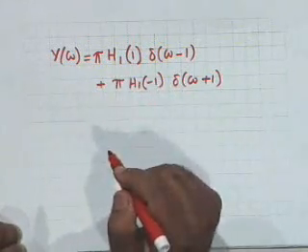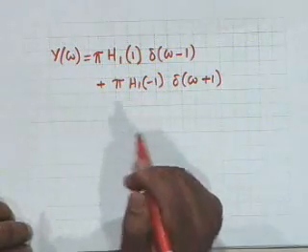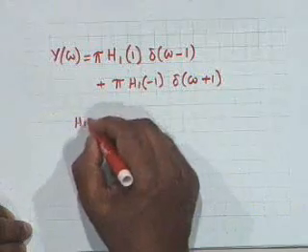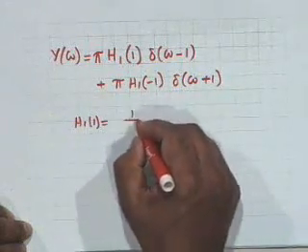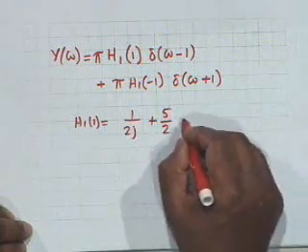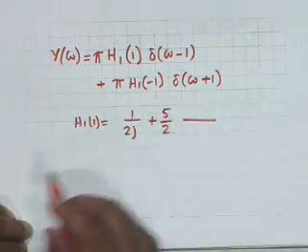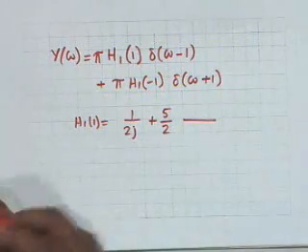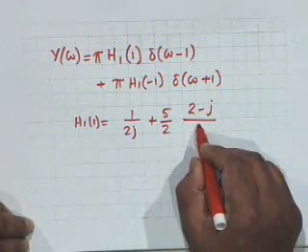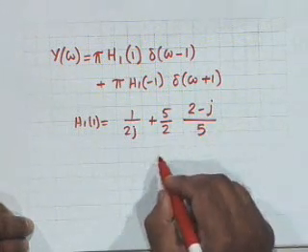Now in these simplifications there is a small trick that one applies. You see, h1 of 1 for example is 1 over 2j plus 5 by 2. Now this complex quantity 1 by j plus 2, well, we write as 2 minus j upon 5.